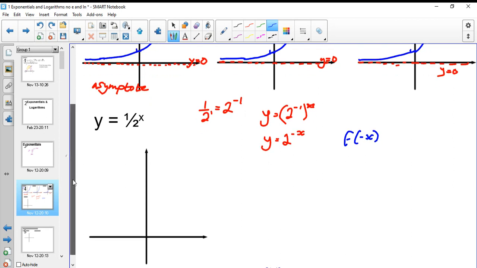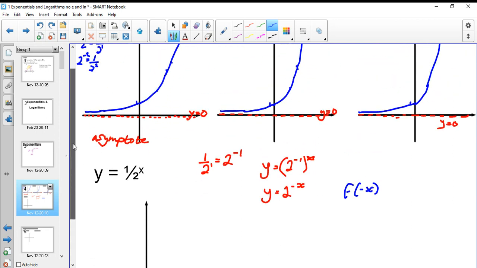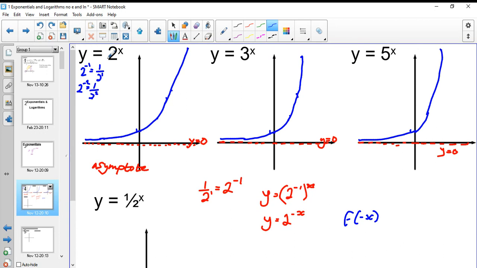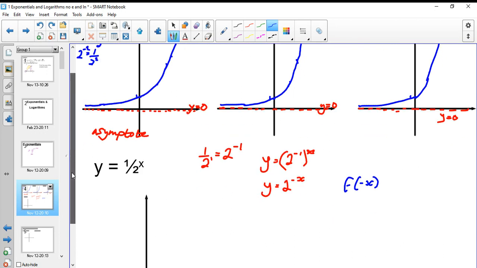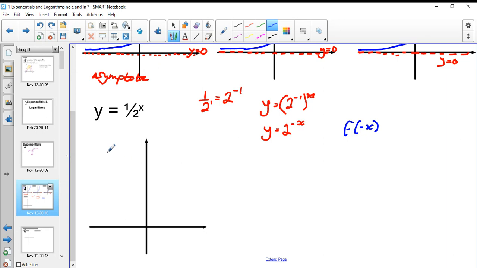So we are going to reflect y equals 2 to the x in the y-axis. It's going to come down like that, going through 1 there, and we've still got the horizontal asymptote, which is unaffected by that reflection.